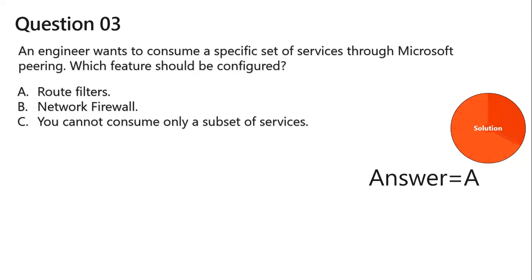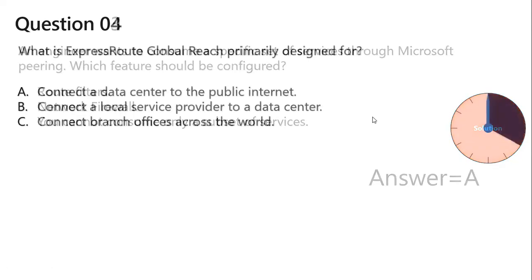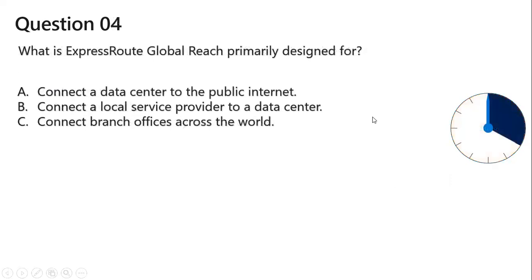That's okay. Now, moving ahead with the fourth question in here, what is ExpressRoute Global Reach primarily designed for? Connecting a data center to the public internet, connecting a local service provider to the data center, or connecting branch offices across the world. Please put your answers in the chat.